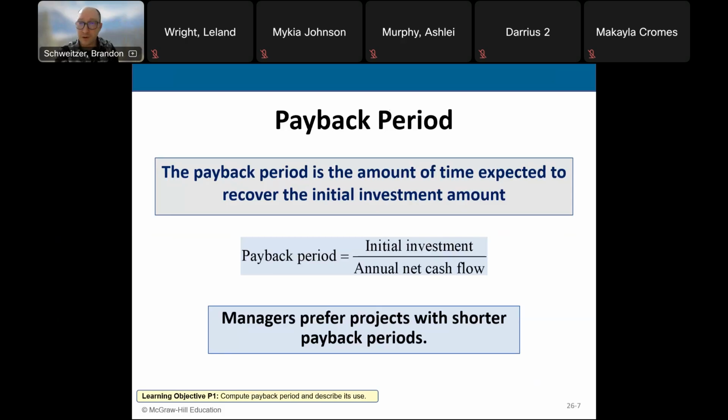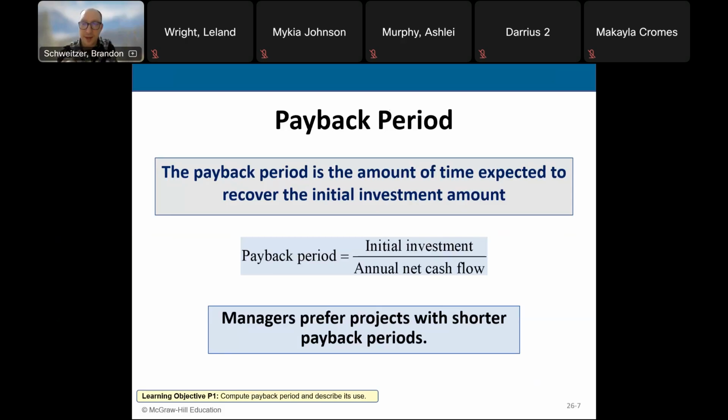And I do that with a very simple formula. I take the initial investment amount, that initial outlay of cash, divided by the annual net cash flow. Now, I want you to understand what it means for net cash flow. Net cash flow is very simple. We take the amount of cash coming into the business minus the cash going out of the business.